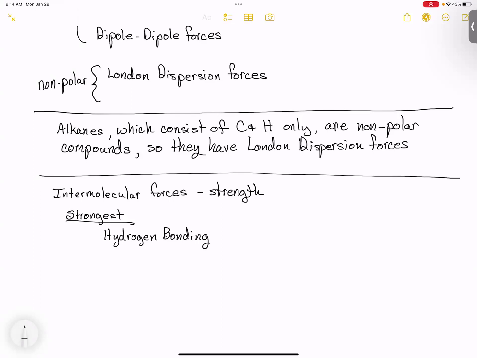The longer the positive and the negative exist, the stronger they are. Well, an OH bond has a huge difference in electronegativities. And therefore, there is a very strong positive and a very strong negative in an OH bond. And that's why it is the strongest of the intermolecular forces. Followed by dipole-dipole, which is still polar, and so it has a positive and a negative. Followed by London dispersion, which are temporary positive, negative.